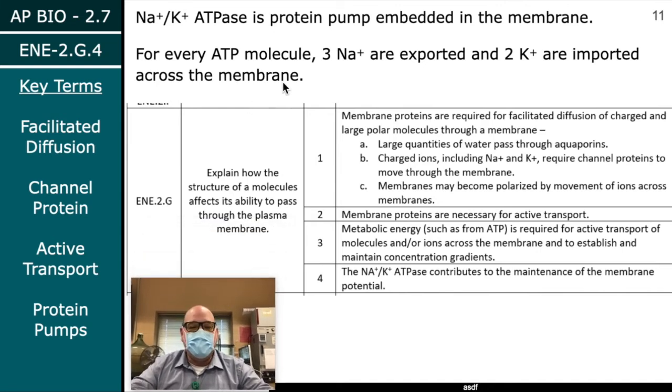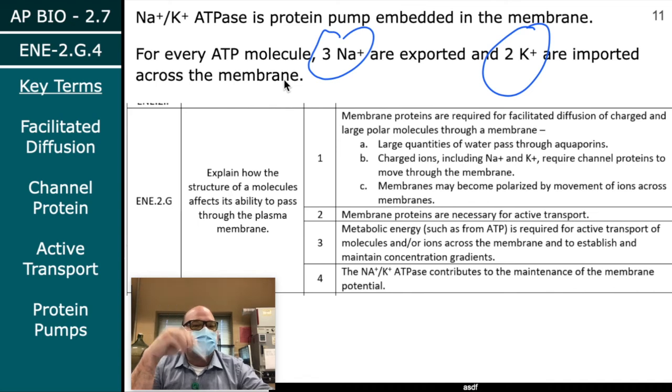A really, really cool pump called the sodium-potassium pump. And why we love this, every ATP pumps 3 sodium ions out and 2 potassium ions in.